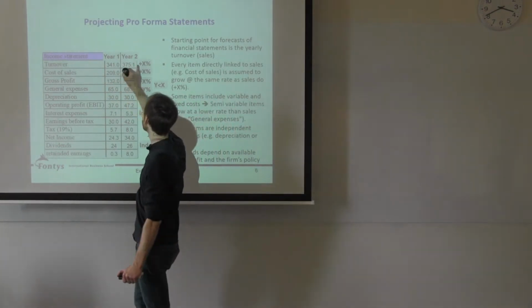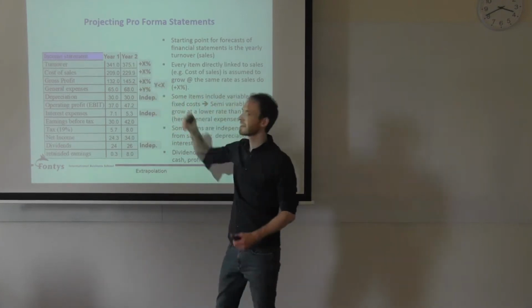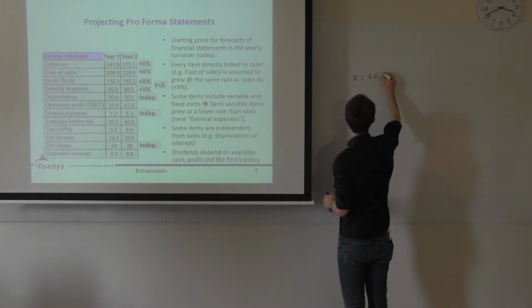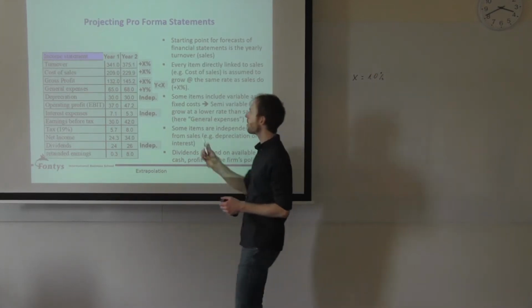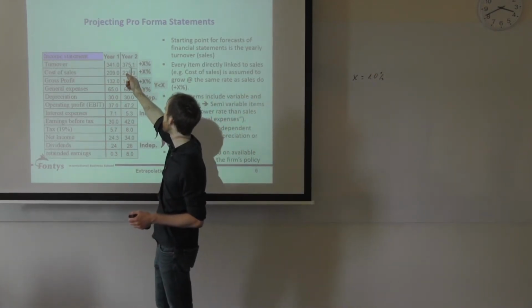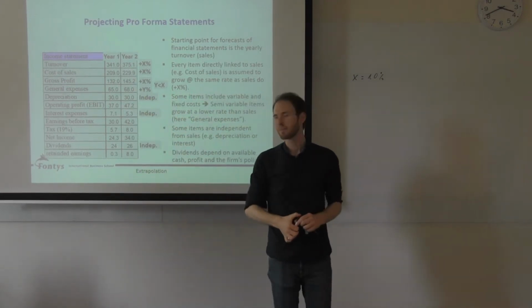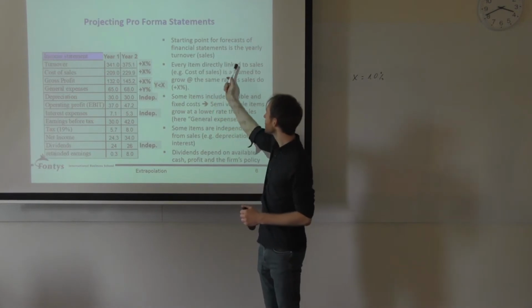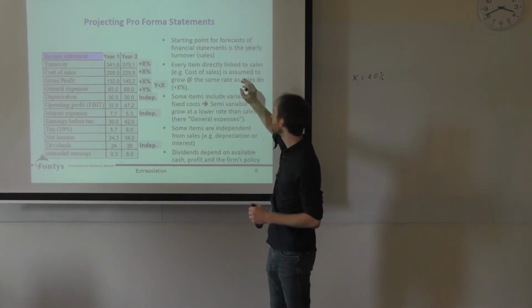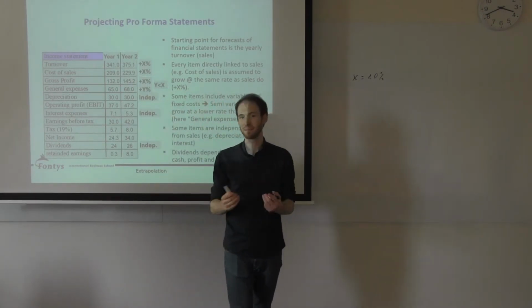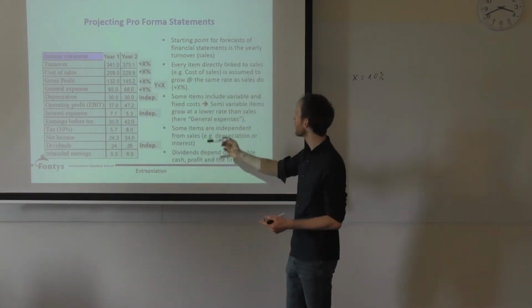We say the turnover should grow by X, and in this case let's say X equals 10%. So our sales should grow by 10%, then turnover grows by 10% in year 3. Then every item that is directly linked to the sales should also grow by X, by 10%. So we have to go through that list.